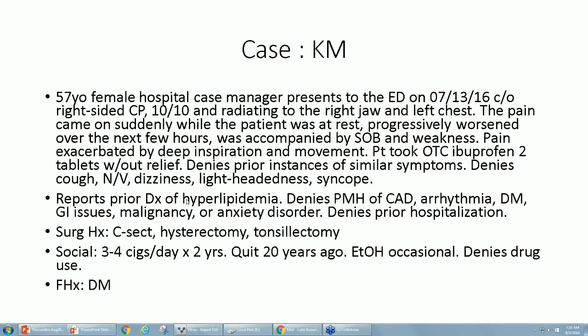The only pertinent prior history was that of hyperlipidemia, and she had no other major history of medical illness, surgical history distant and non-pertinent. Socially, she smoked for a couple of years, 3 to 4 cigarettes a day, but quit a long time ago, denies drug use, and uses alcohol occasionally. Family history positive only for diabetes.